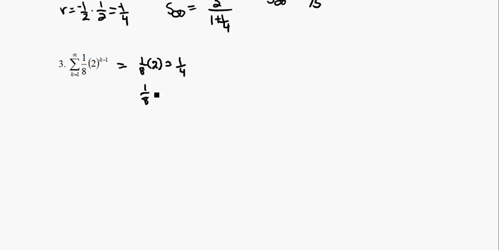Our second term will be 1/8, and this will be 2 minus 1, which is, oh, did that wrong. Clear that up. Start again. If I plug in 1 here, I get 2 to the 0. So 1/8 times 2 to the 0 is equal to 1/8. Plug in 2, you get 2 to the first.